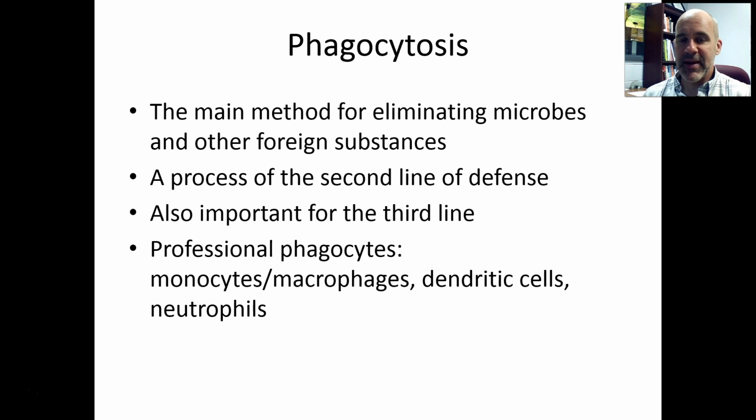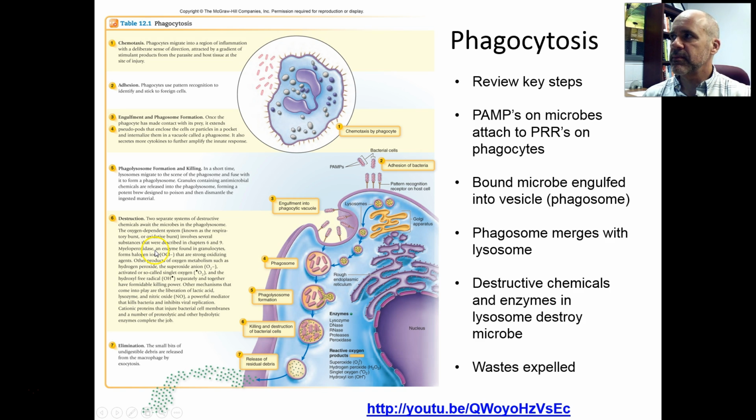So in general, now not everything, phagocytosis is not the only way that your immune system kills microorganisms, but it's generally the main goal. It is a process of the second line, but it's also important for the third line, as we'll see. And again, your professional phagocytes include the monocytes in the blood that become macrophages or dendritic cells, and then also your neutrophils.